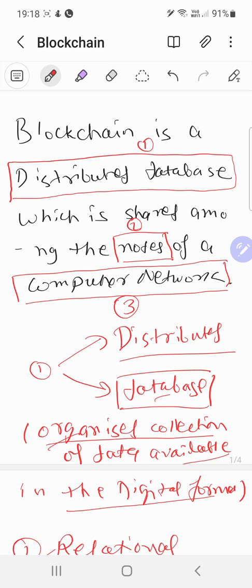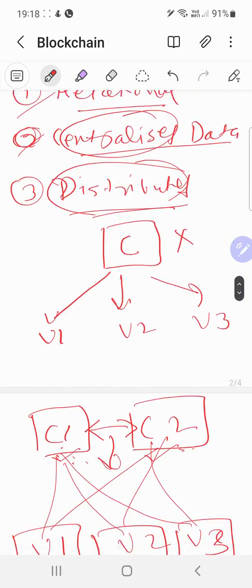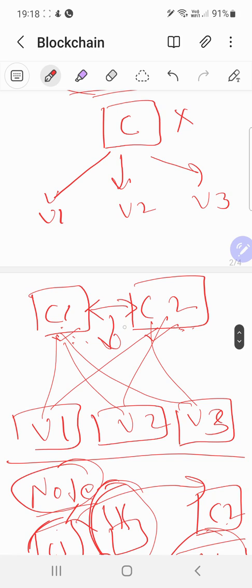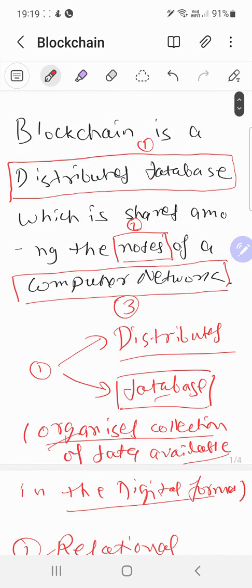And now if I try to combine these three terms and reread this definition, what we get is that blockchain is a distributed database which is shared. When I talked about distributed database, I discussed that there can be some mechanism to connect these two computers. So how are they getting connected?